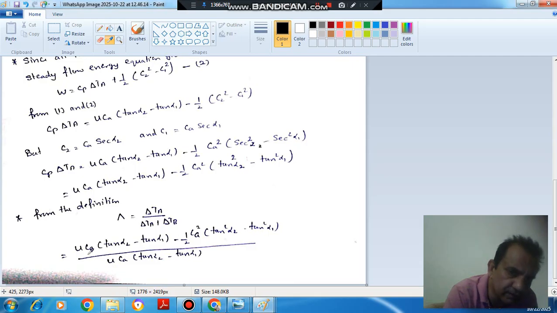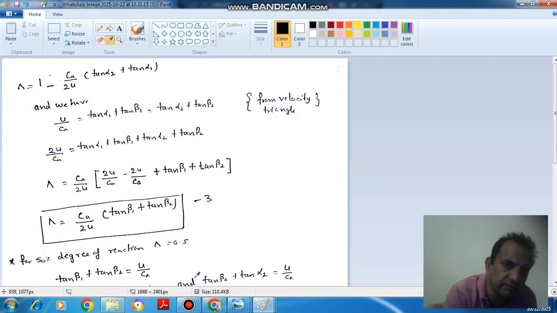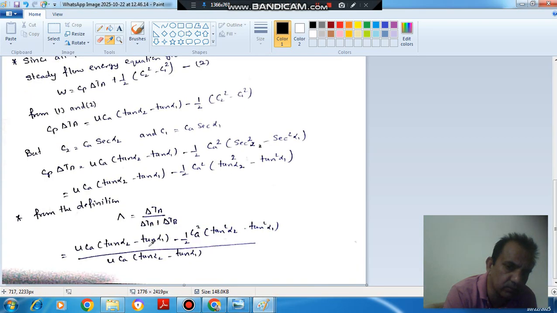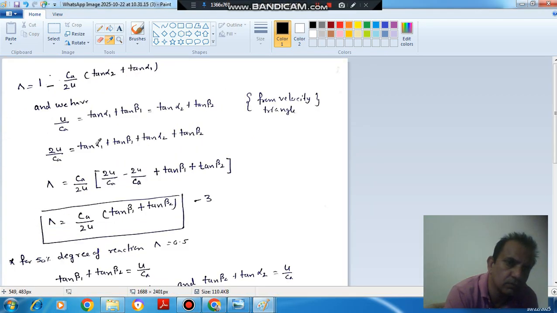Now tangent square alpha 2 minus tangent square alpha 1 is there, and here tangent alpha 2 minus tangent alpha 1 is there. So it can be written as 1 minus Ca by U, because Ca and Ca will cancel out, and 1 Ca will be left by 2. So this will be the expression for degree of reaction in terms of alpha 2 and alpha 1.